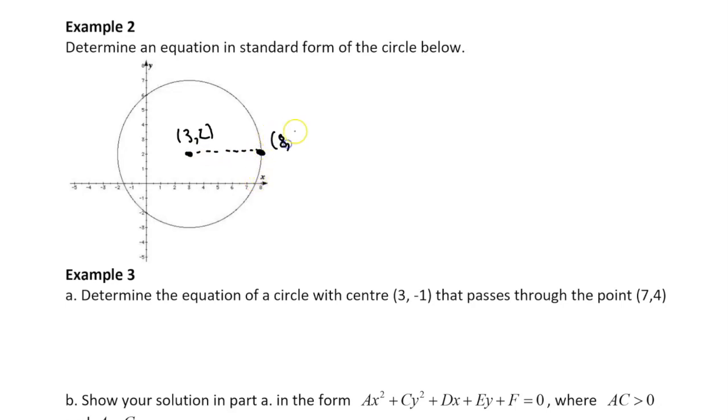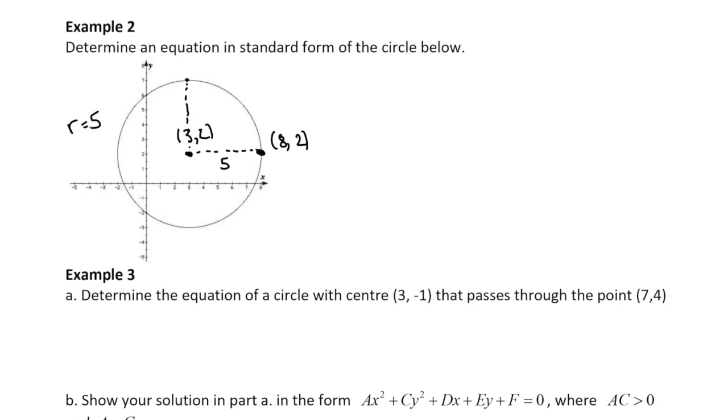So if that's the point 8, 2, then it looks like we have a radius of 5. If you count up, it goes up to 7, which would confirm that we have a radius of 5 for sure. So we'll say our radius is 5, and that's something that we can feel confident on.